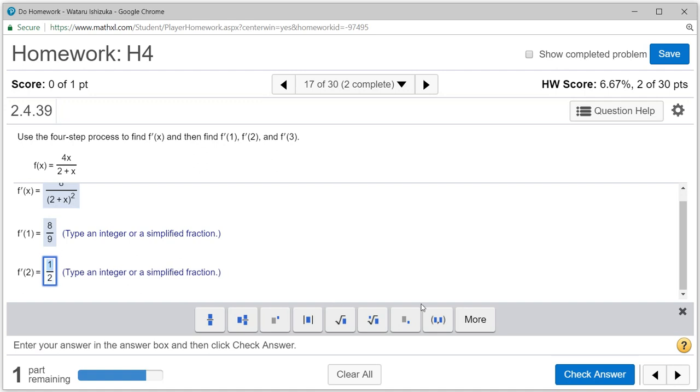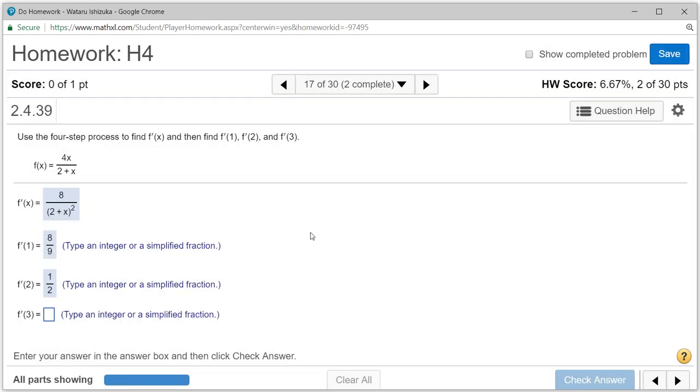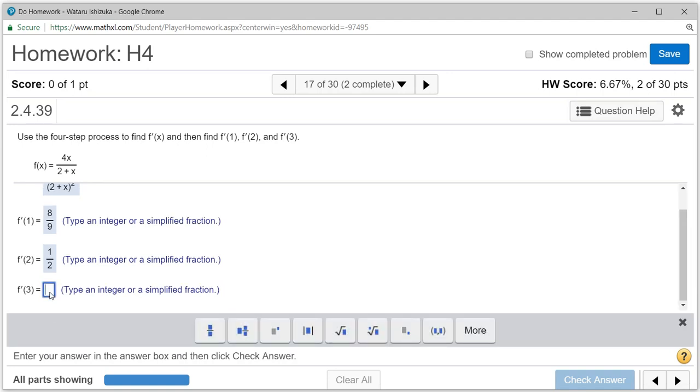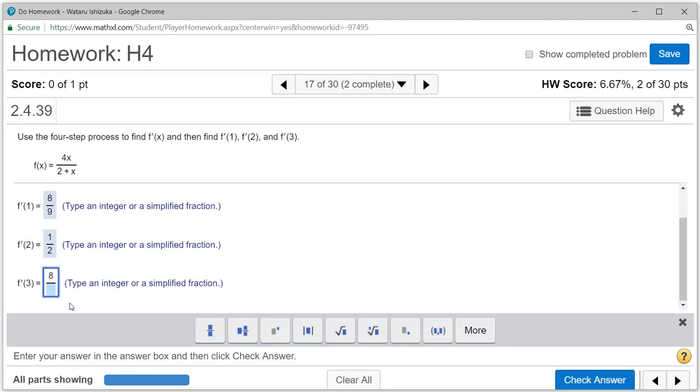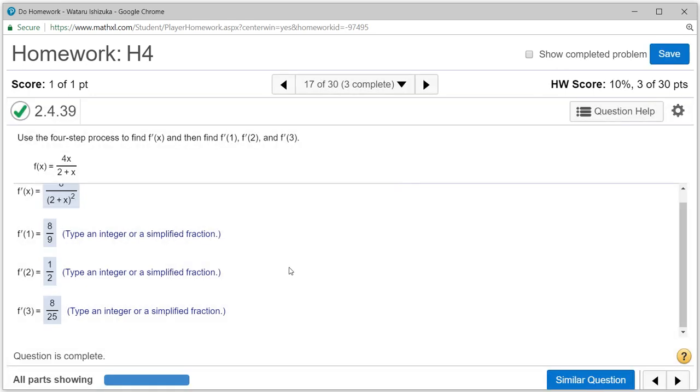Check the answer. We got that. For f prime of 3, it's 8 over 2 plus 3, which is 5, squared is 25. Check the answer. We got that.